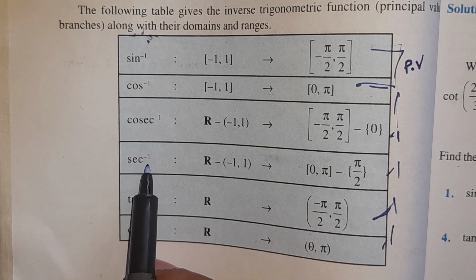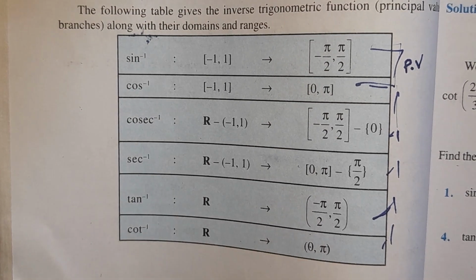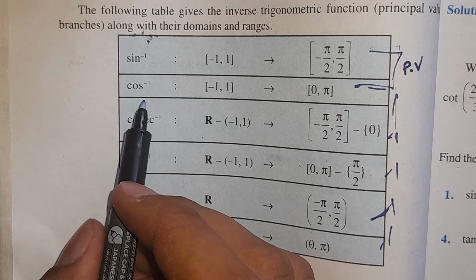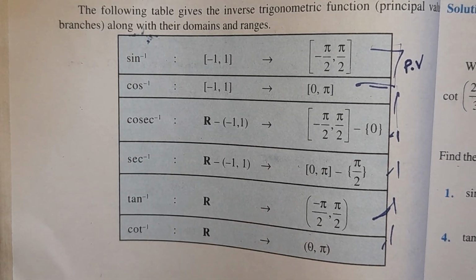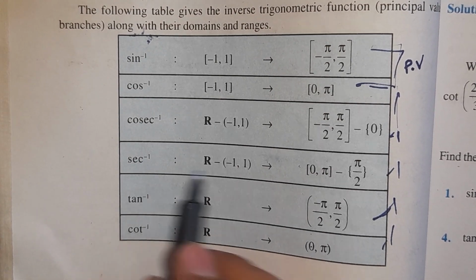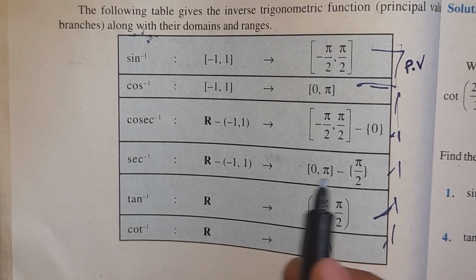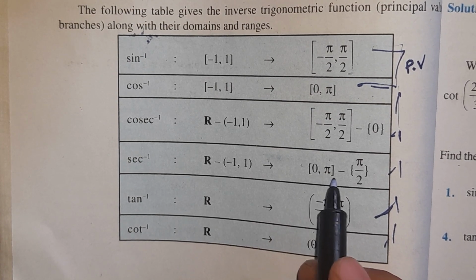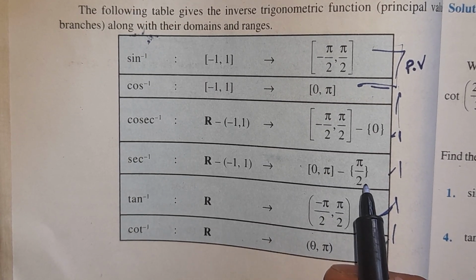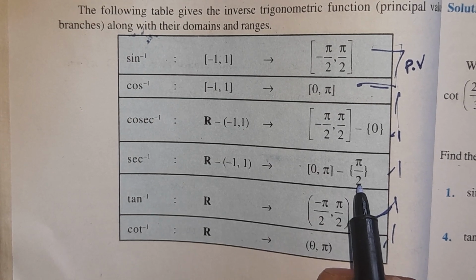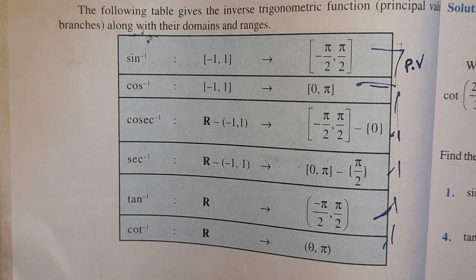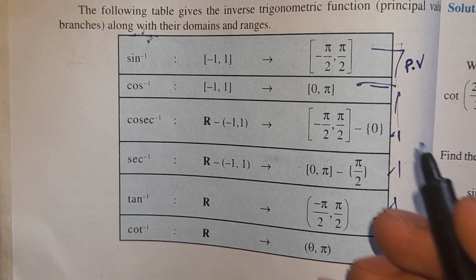Similarly, sec inverse is related to cos inverse, so I can write cos inverse plus sine inverse is equal to pi by 2. The principal value of sec inverse will be between 0 and pi, both included, except pi by 2, because at pi by 2 the value is infinity, so we don't count values where the angle's value will be infinity.